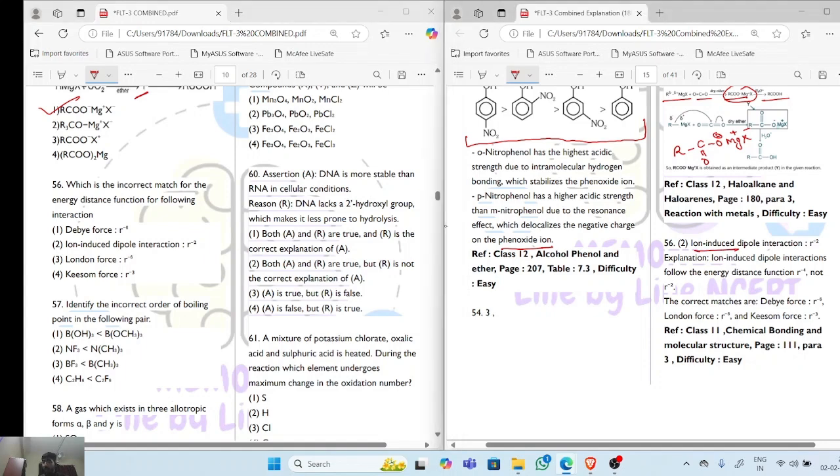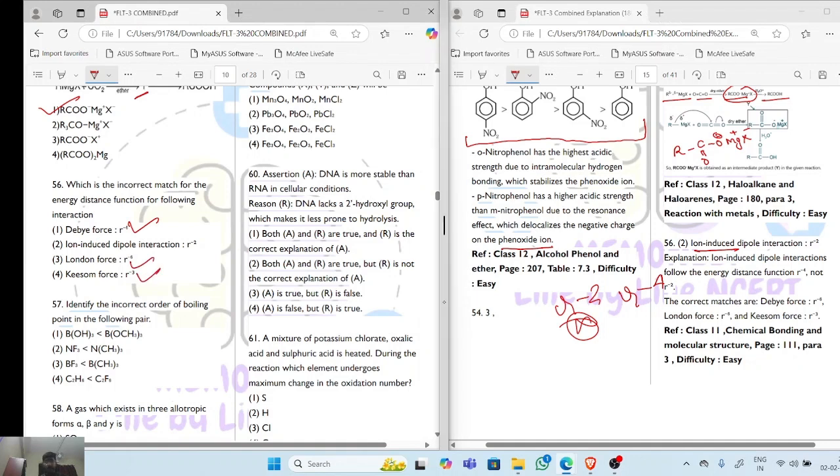The correct energy distance function for ion induced dipole interaction is r to the power minus 4, not r to the power minus 2. All others are correct: options 1, 3 and 4 are correct ones. So the correct answer is option number 2.